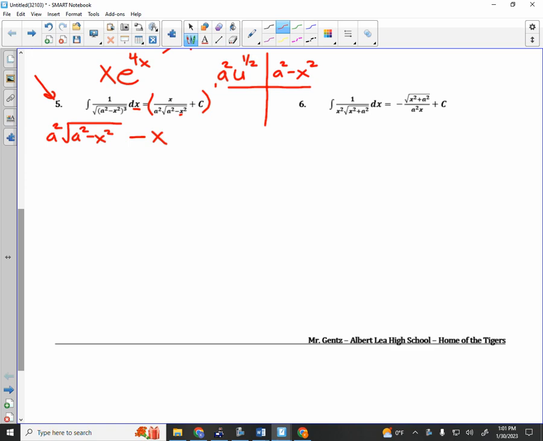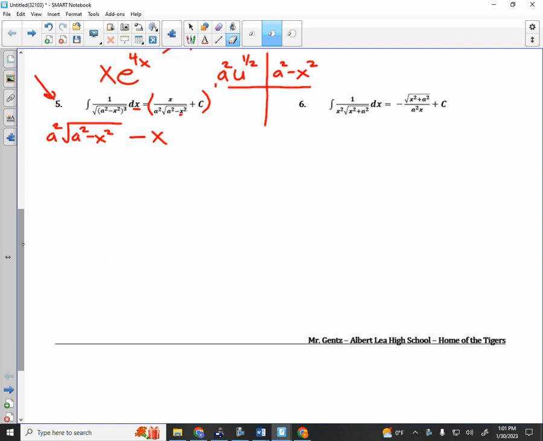A is just a constant. Anytime you see something different than the variable you're differentiating, you can just treat it as a number. It just comes along for the ride. So for example, if you had 9x squared, the derivative is 18x, right? So the 9 just continues to multiply.